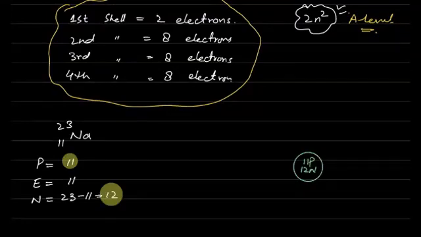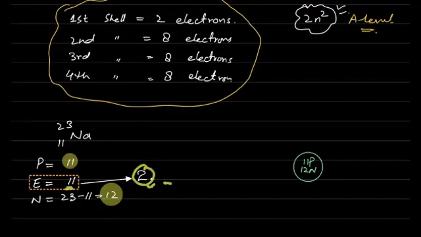For electrons, we will do the electronic configuration. There are a total of 11 electrons, and we have to accommodate these electrons in the shells. The first shell can accommodate a maximum of 2 electrons. How many electrons are left? The total electrons were 11 in sodium, so the first shell is filled.